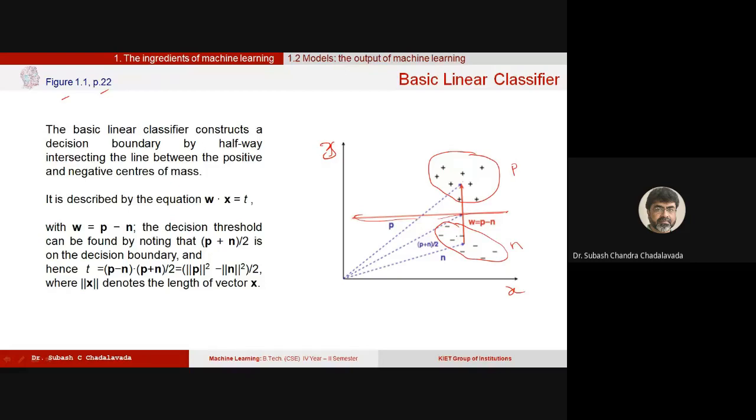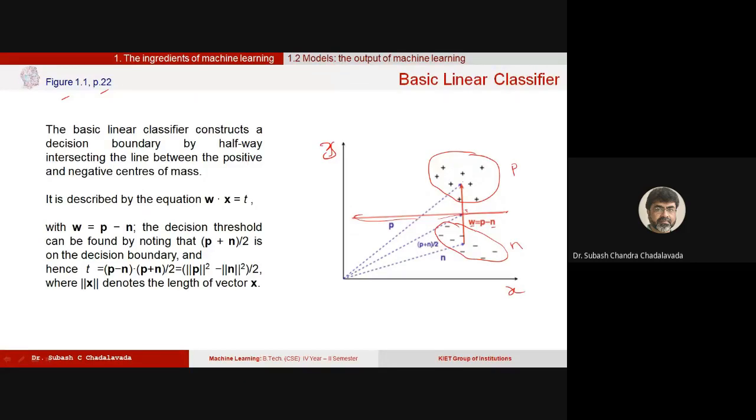Now you observe that this intersects the boundary at some place, say it is x. How do you represent this? Since this is the center of mass, it's the average of the points, so you call it N, and this is P. This line can be represented by an equation W.